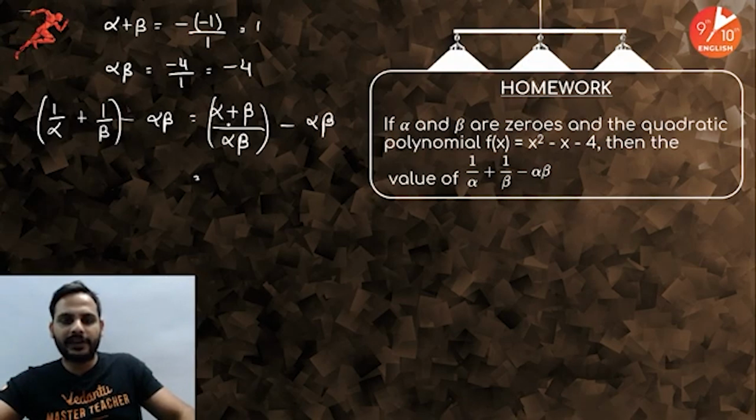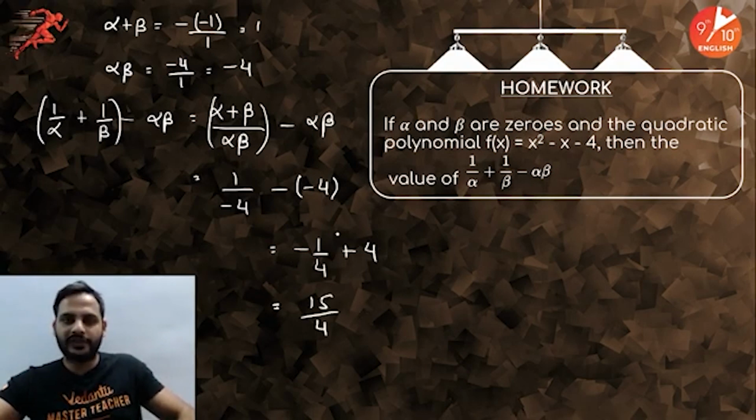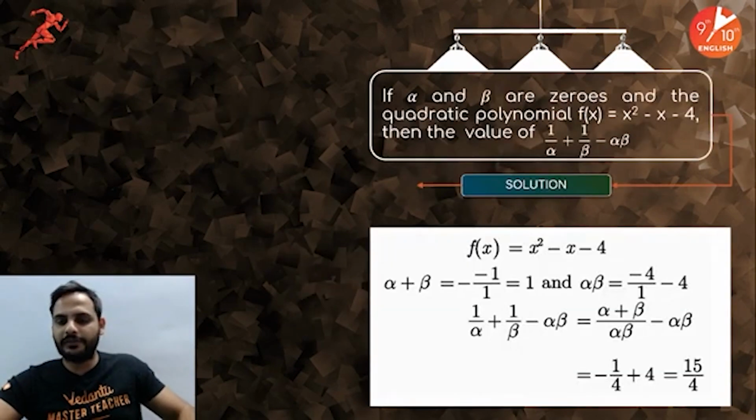So we know the values: alpha plus beta is 1, alpha into beta is minus 4. Minus of alpha into beta is again minus of minus 4. So you are getting minus 1 by 4, negative into negative is positive, plus 4. So 4 minus 1 by 4, if you do, take LCM, 16 minus 1 is 15. So 15 by 4 will be your correct answer.